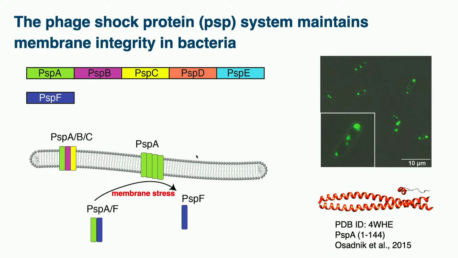And there is one protein called PspA. This is basically a membrane protective protein of the system. There was some idea they interact with the members of this operon, and it's being released in the case of stress, and it seems to have some protective role. Exactly how it does it, whether it shields the membrane or else, was entirely unknown.